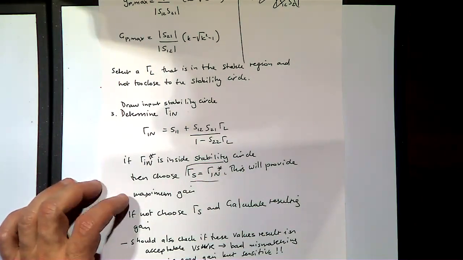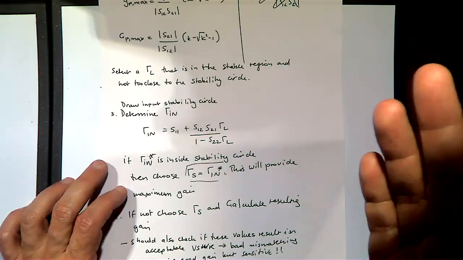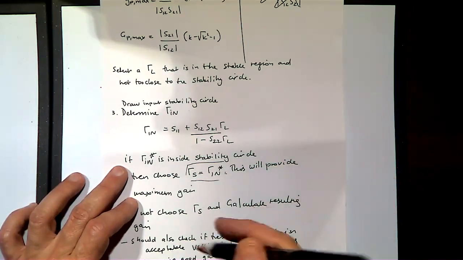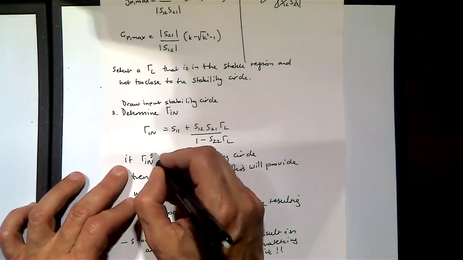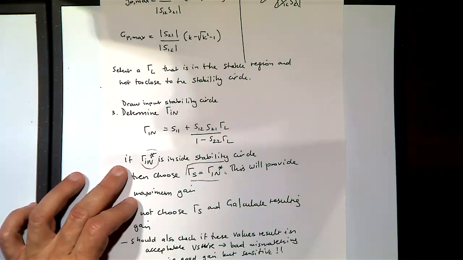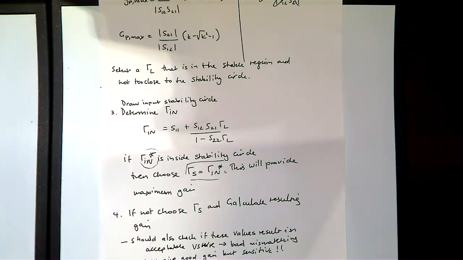But there's a problem here. There's potentially a problem. What do you need to check? Well, you need to check that the source impedance that you're choosing is actually inside the stability circle, so that it's stable.